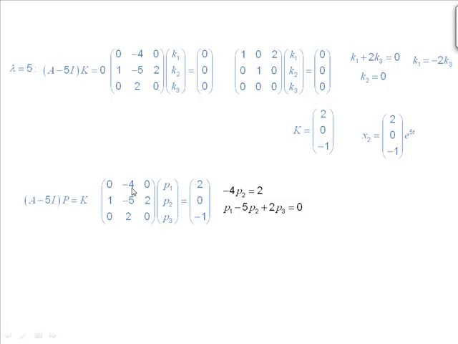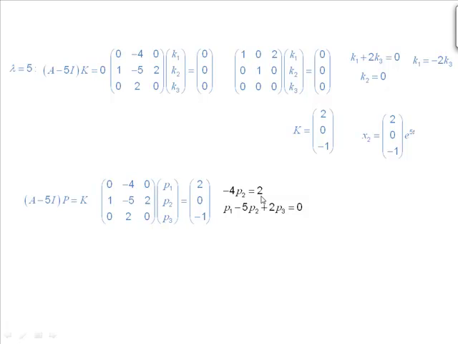In the first row it tells you that -4p2 is 2. The second row tells you p1 minus 5p2 plus 2p3 is 0. And the third row tells you that 2p2 is equal to -1, which is equivalent to that first equation.